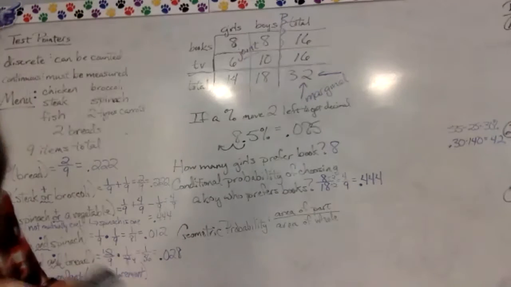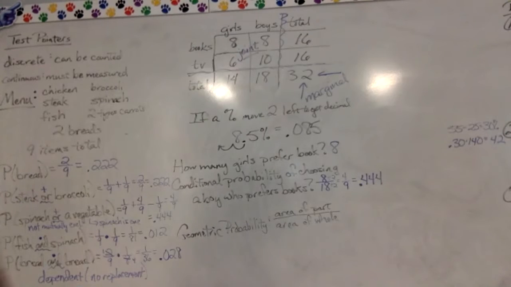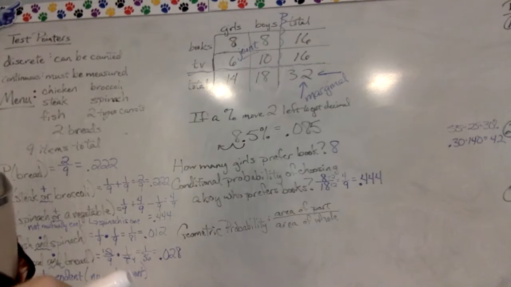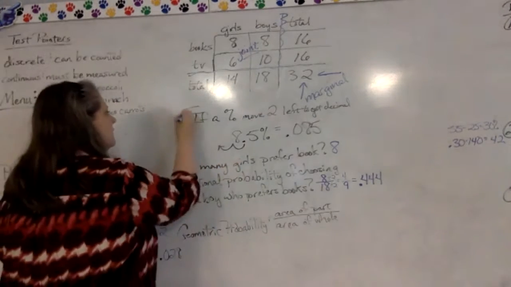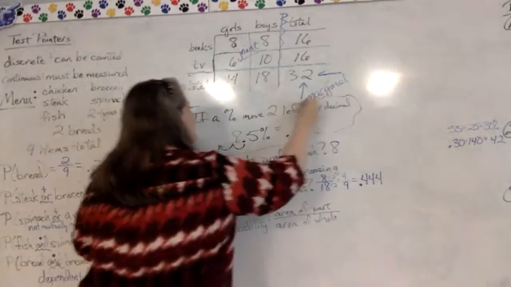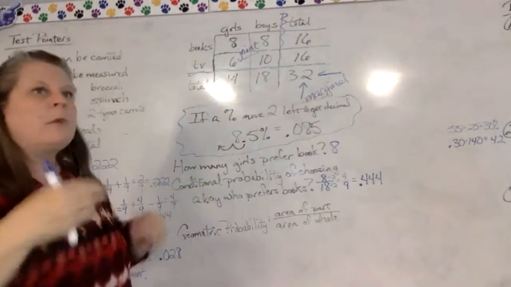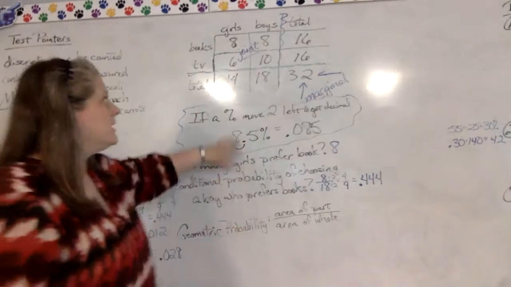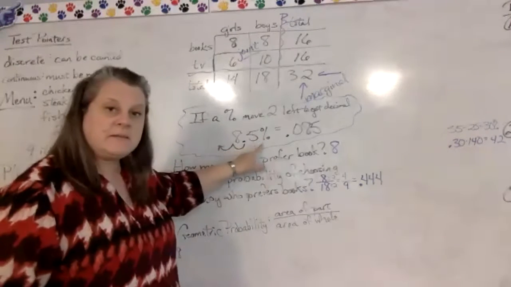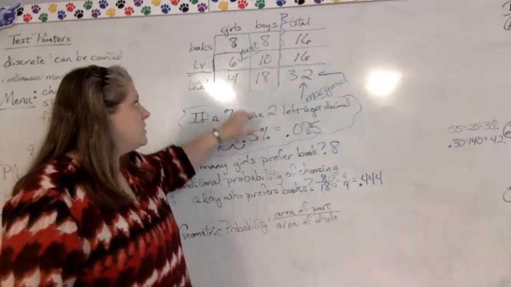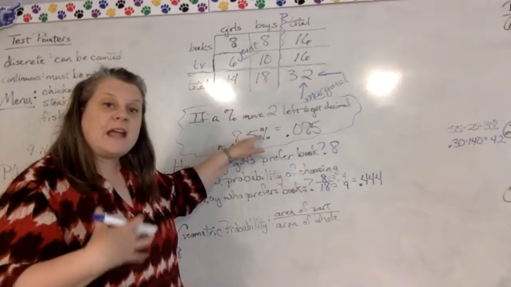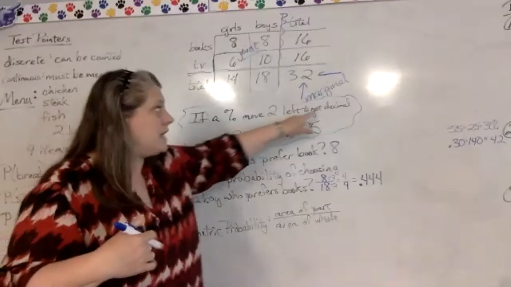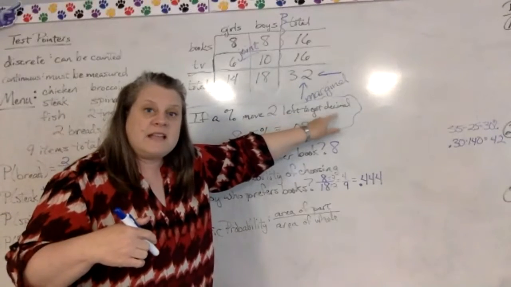Yaneli, I'm going over some stuff up here on the board to help as examples for your test for chapter 11. Okay. Now, this is just a little side note in here. If it gives you the relative frequency table, that's the one that looks like this, but it has percents in it, when it asks for the probabilities, you got to change them back to a decimal.